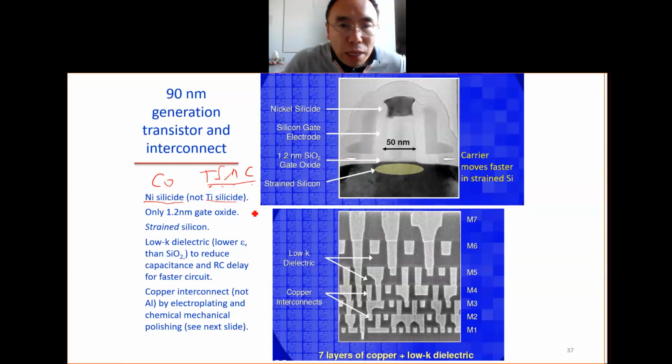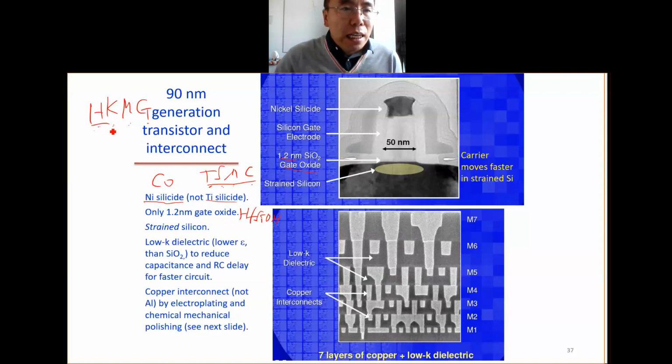The gate oxide is only 1.2 nanometer, but nowadays we no longer use SiO2. Remember this is the high K metal gate. We no longer use silicon oxide, we use high K material like HF, as we talk about in the slide.